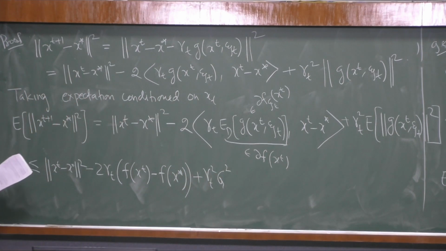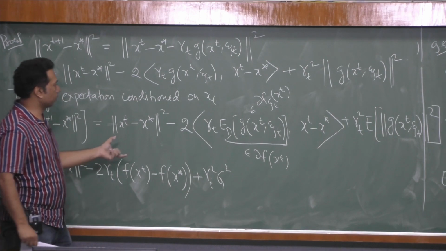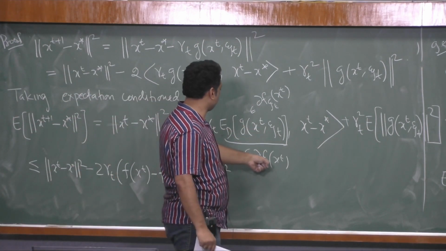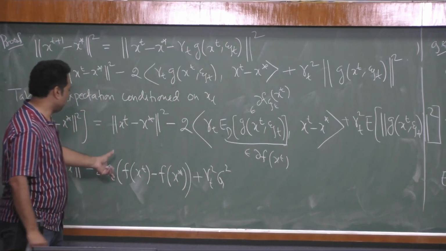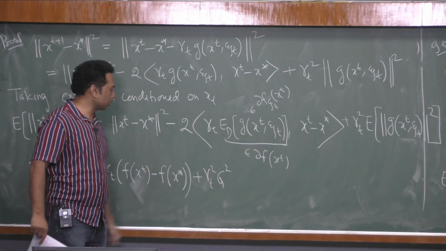Okay. So here we have used the fact that f is stochastic convex, and here we have used the fact that the gradients are bounded.